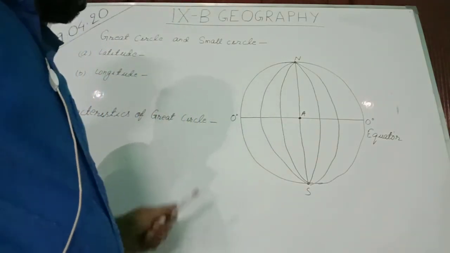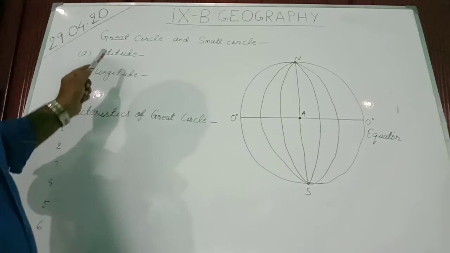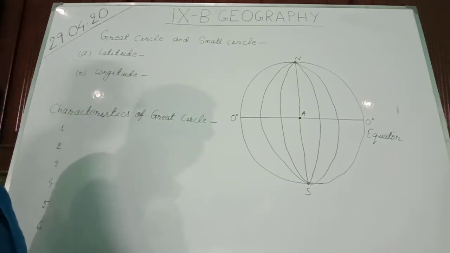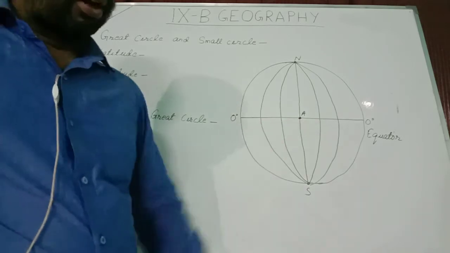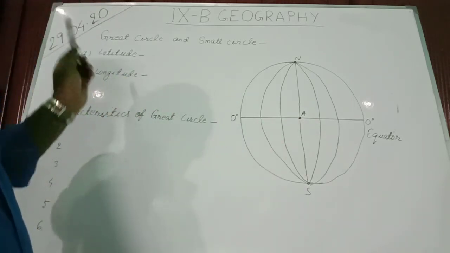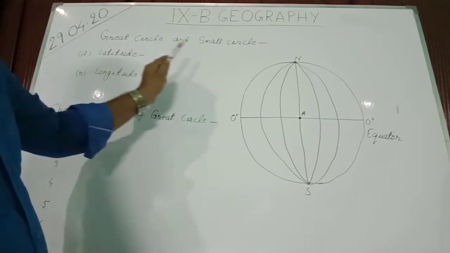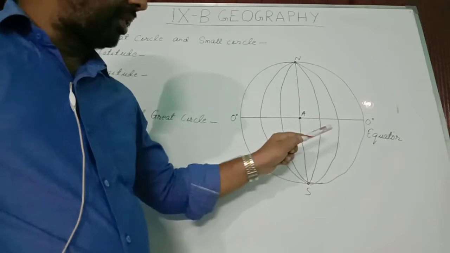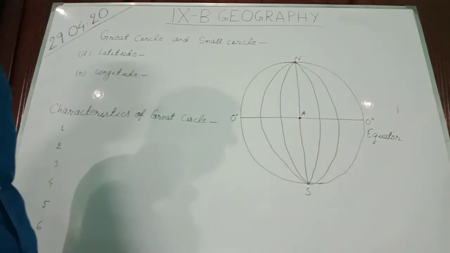So, both kinds of lines, latitude and longitude, will pass through the center of the earth. And this line will divide this sphere, meaning the earth, into two equal halves.